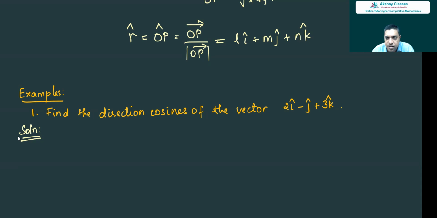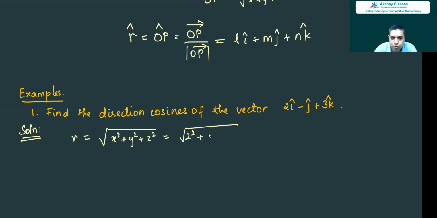Yes? No answers? Sir, 2 by root 14, minus 1 by root 14 and 3 by root 14. Very good. So r is under root of x square plus y square plus z square, which is under root of 2 square plus 1 square plus 3 square, which is under root 14.